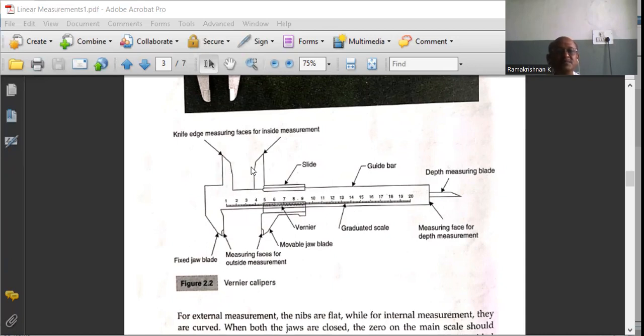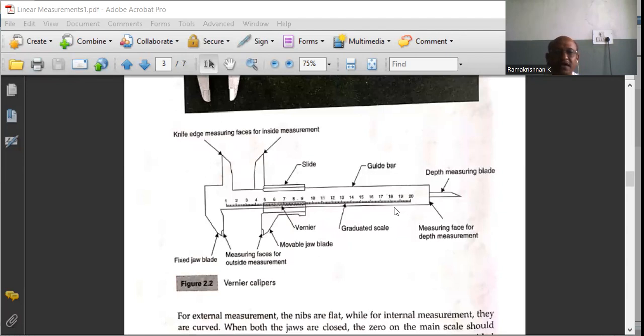The top measuring jaws are used to measure the internal dimensions of an object. At the bottom also, two jaws are there, one fixed and another movable as at the top. These jaws are used for outside measurement. There is also a blade at the bottom of the scale, the measuring blade, which is used for depth measurement.